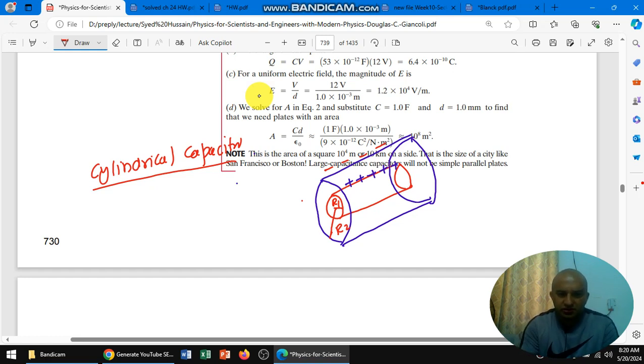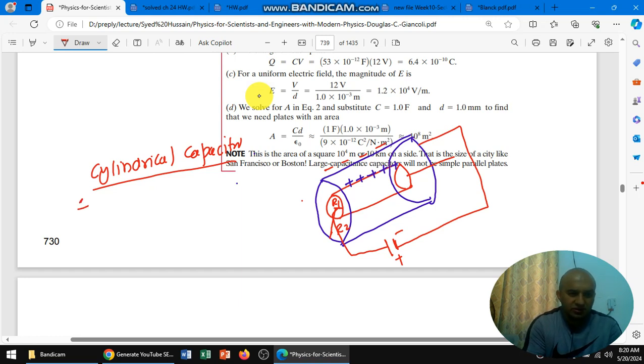If we connect the inner plate with the positive terminal and the outer plate with the negative terminal, then the outer plate will gather the negative charge and the positive charge is stored on the inner plate.